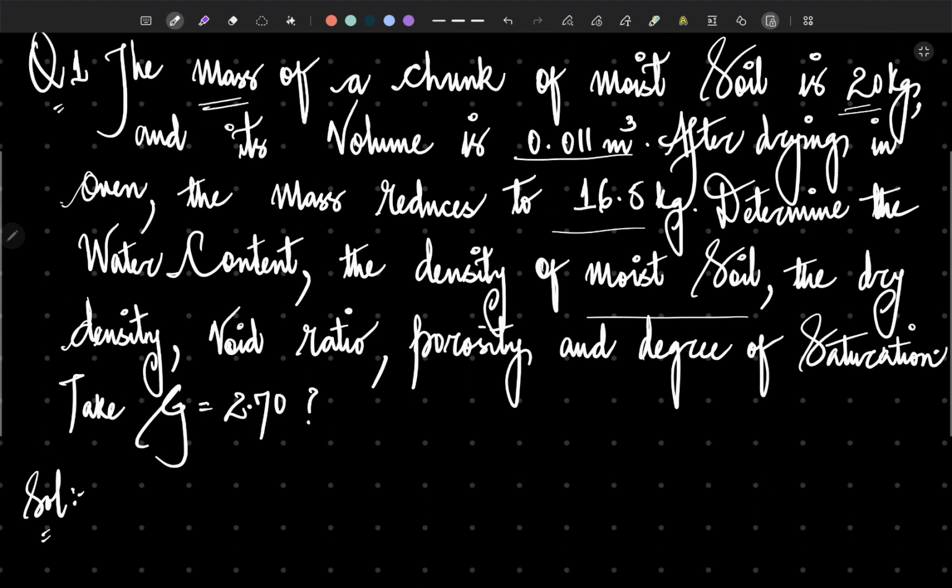We have to see what data is given and what question actually demands from us. So we have to determine the water content first. It's given that the mass of a chunk of moist soil is 20 kilograms.